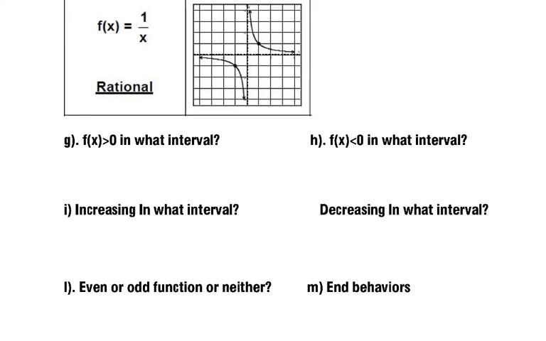Okay, so let's go to the rational function. And I'm looking for what interval f(x) is greater than 0, which means I'm looking for the graph above the x-axis. Here's the x-axis, here's the y-axis. So this part is above the x-axis, and we could say that's from 0 to positive infinity.